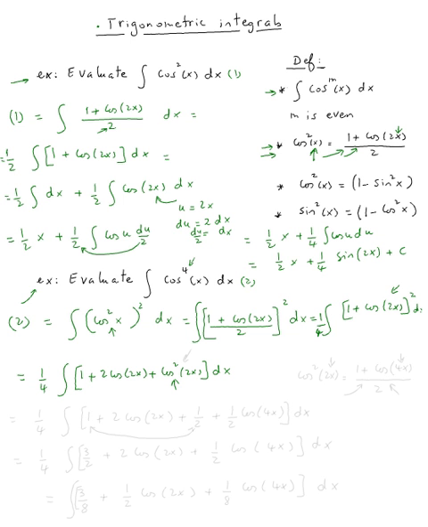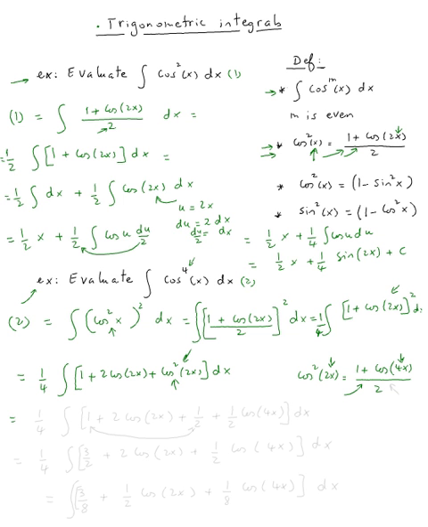Cosine squared of 2x is equal to 1 plus cosine of 2 times 2x, which is 4x, divided by 2. In other words, this angle here has to always be 2 times this angle in here. So 4x is just 2 times 2x. So now we need to replace this by this formula.